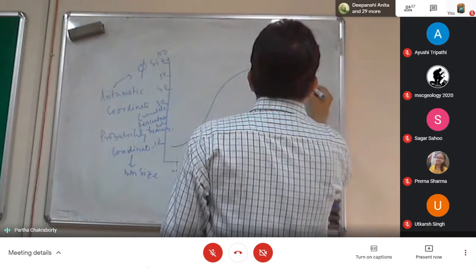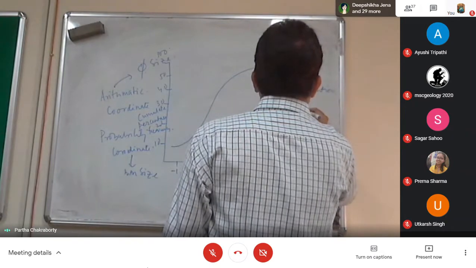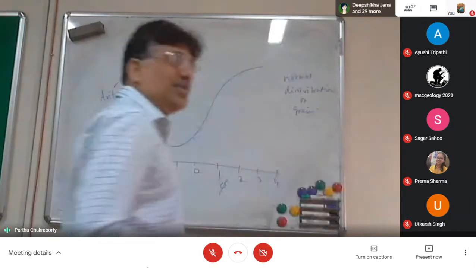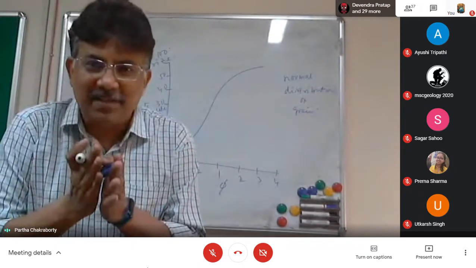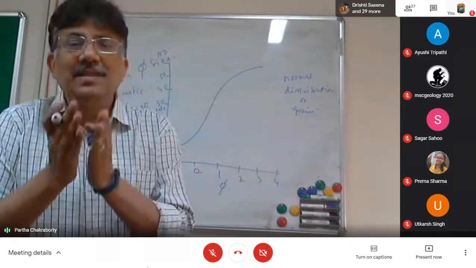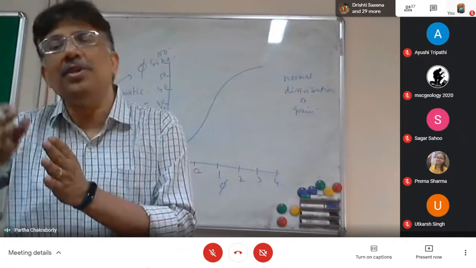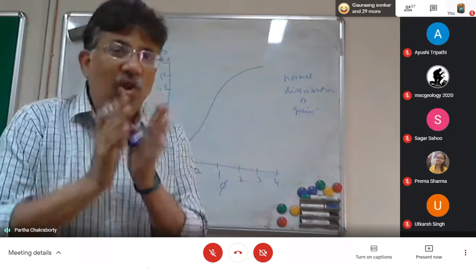What is a normal distribution of the grain? There should be a central tendency, and lesser grains will be on the higher and the lower side of it. This is the normal distribution.